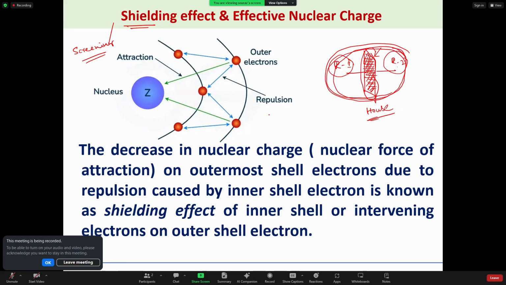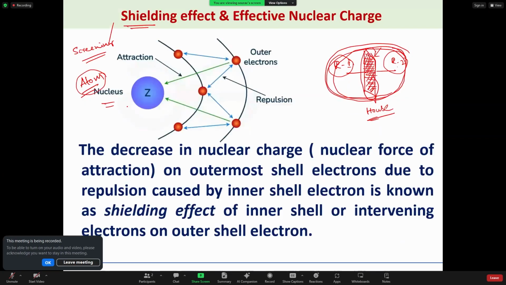Like that, we know about the atoms. Now come to the atoms. We know that an atom has a nucleus and shells, like the s orbital.